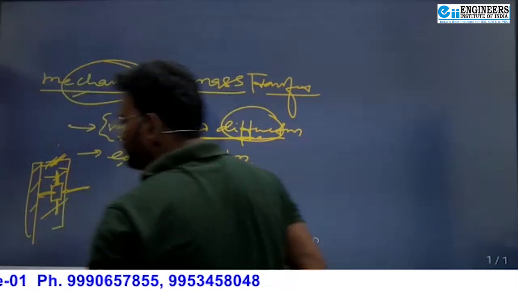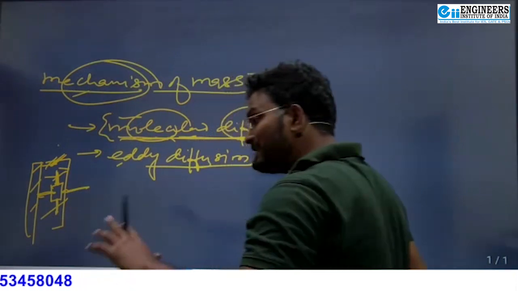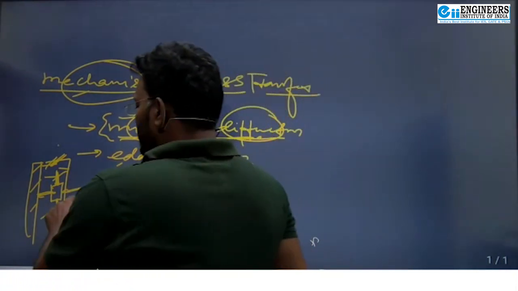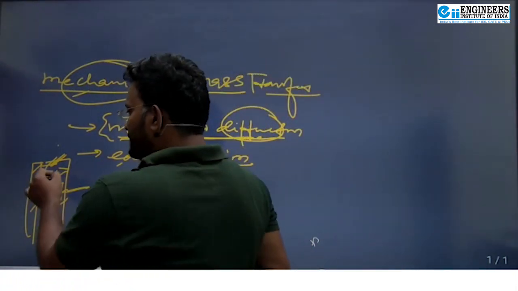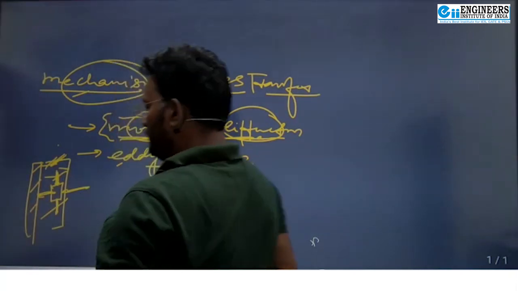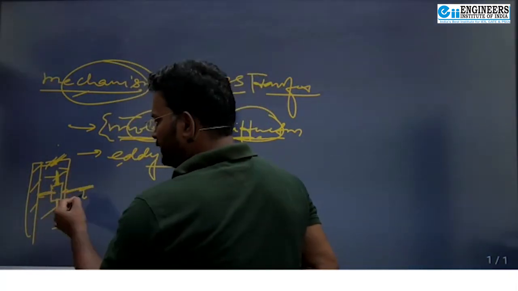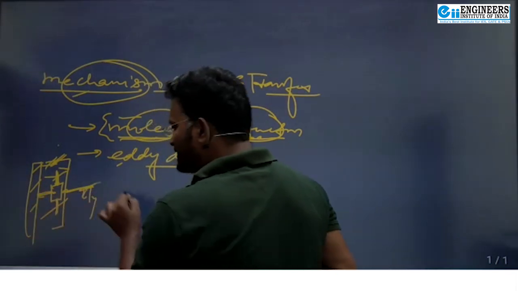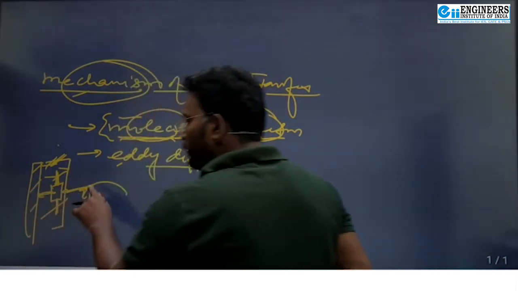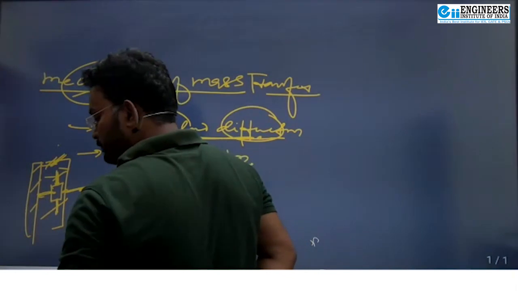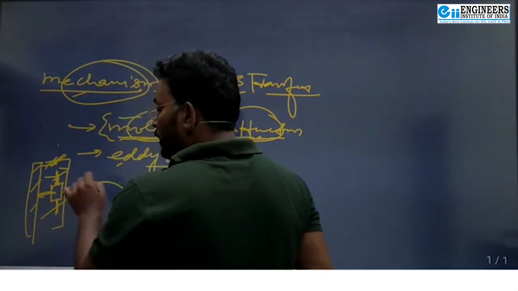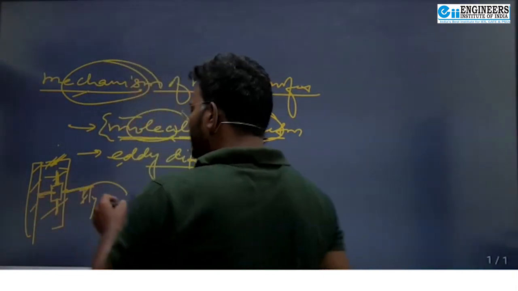Yes or no? I am going to clear each and every concept and try to relate it. Now, what happens if this same flow is turbulent? When the same flow is turbulent, then whatever tau I have defined, tau at y and tau at y plus dy, if the formula will be the same here, then only the value of tau is going to change, and tau will be tau total.